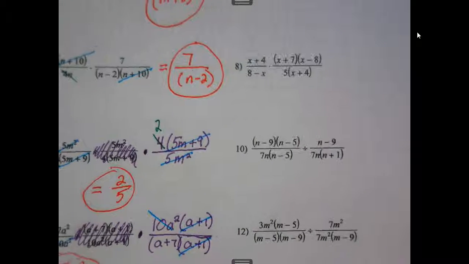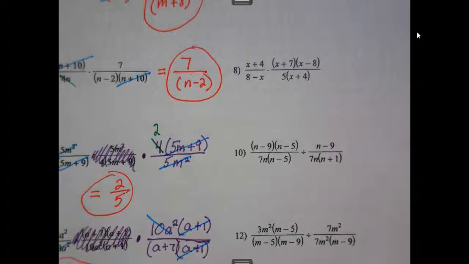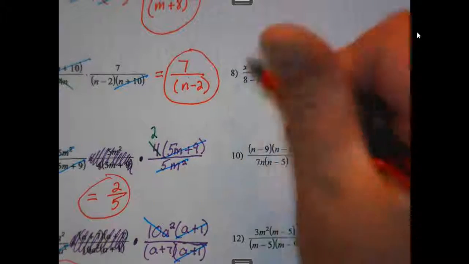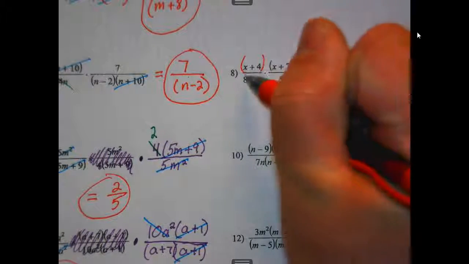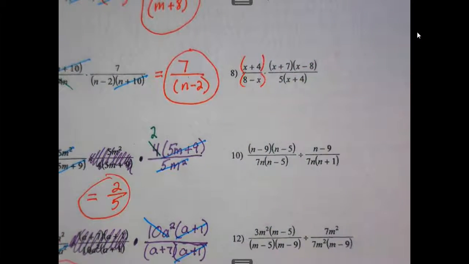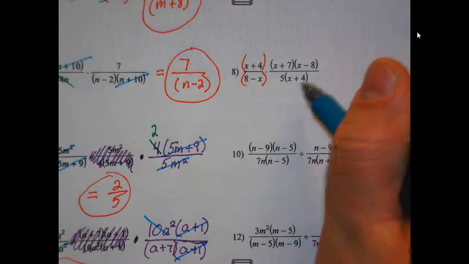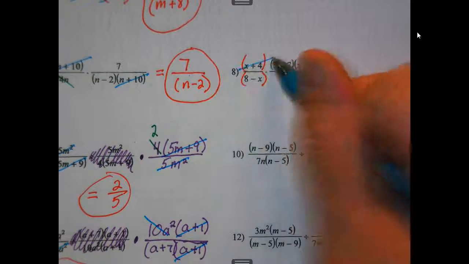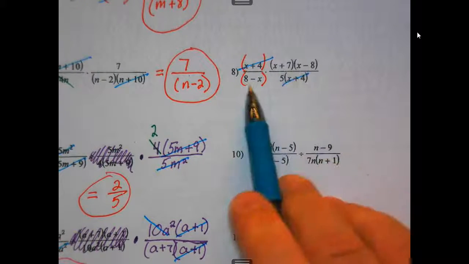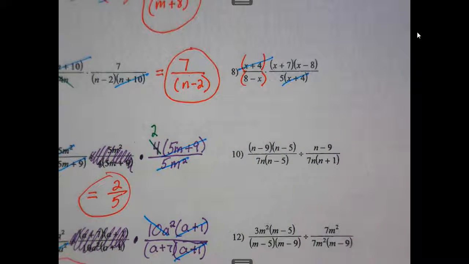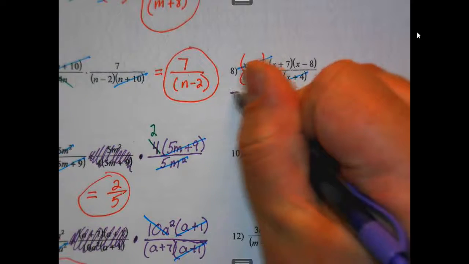Yeah, let's look at number 8. Some people had questions on number 8. I'm going to go ahead and put parentheses around my binomials here. Not a binomial, 2 terms. Okay, what can I cancel out? X plus 4. This is pretty close, right? Yep, I'm going to take out a -1.